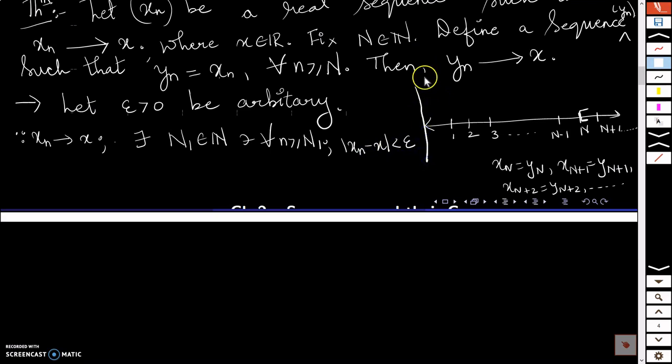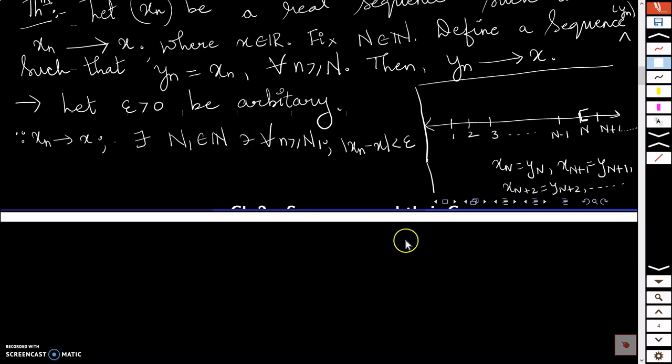This is my rough work, so I will just put it in a box here. So there exists a natural number n1 such that after the stage n1, the difference between xn and x is less than epsilon. That is the definition of convergence of a sequence.